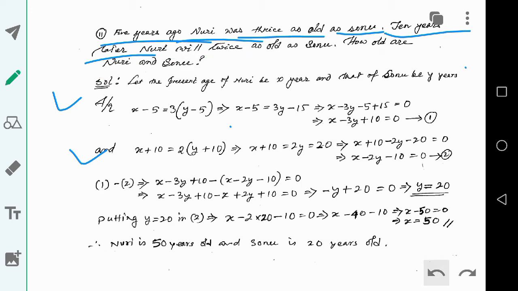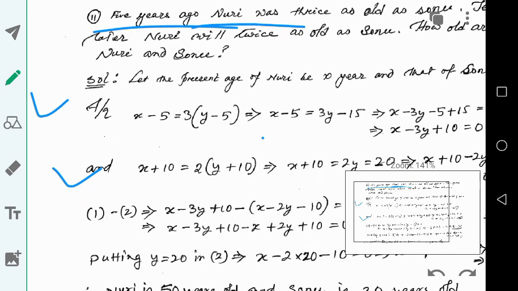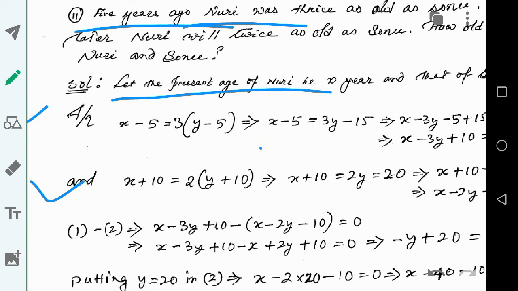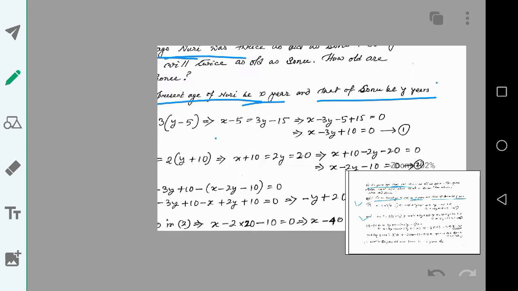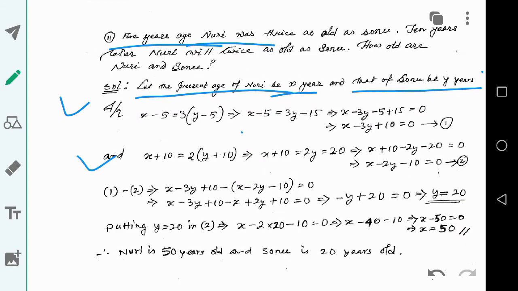So let us consider the present age of Nuri to be x years and that of Sonu to be y years. Now you see, if the present age of Nuri is x years, then 5 years ago she must have been x minus 5, and Sonu should be y minus 5.